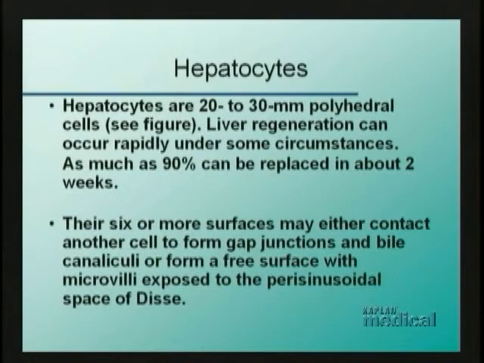We've already pointed out that the microvilliated free surface of the hepatocytes is exposed to the space of Dease, and it is into the space of Dease that the so-called endocrine products of a liver hepatocyte, mainly in the form of large proteins, are released into the bloodstream.